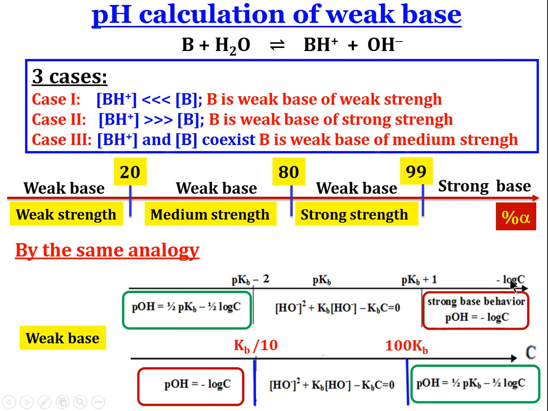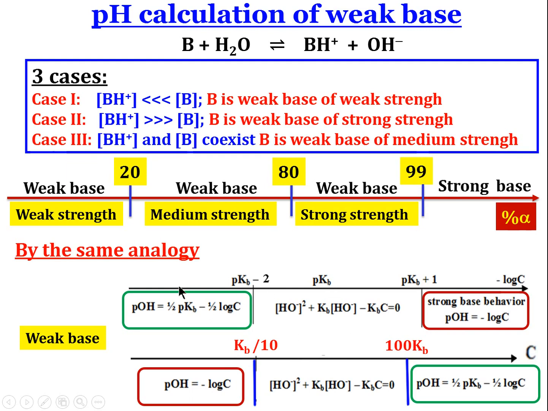If minus log C is greater than pKb plus 1, or in other words, if C is less than Kb over 10, the weak base behaves as strong and pOH equals minus log C.